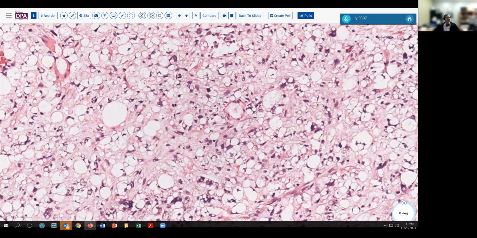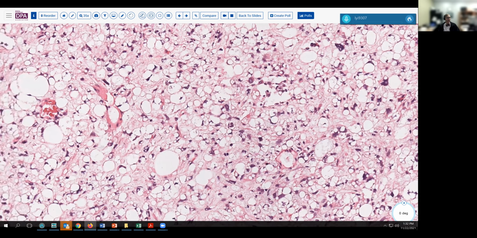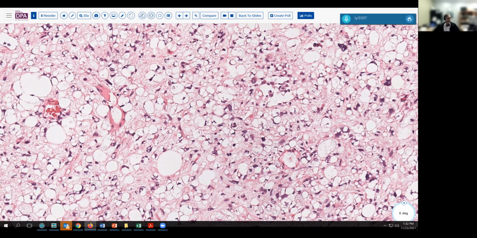So here we see many vacuoles indenting and pushing aside the nuclei, forming this nice signet ring cell appearance in some areas, and others with sort of bipodal lipid droplets and an indented nucleus, sort of like an old fan belt from your car, and various other morphologies in this lesion.